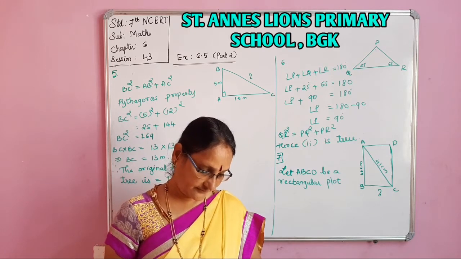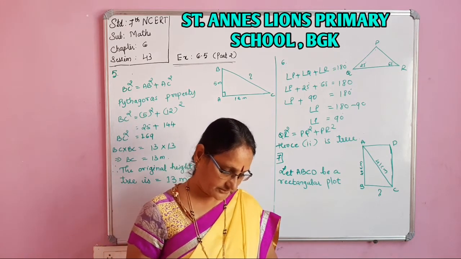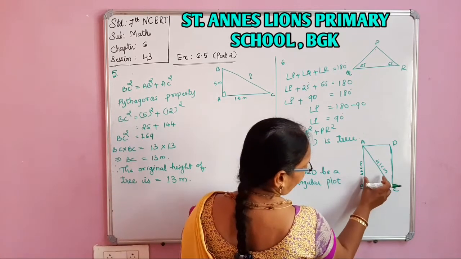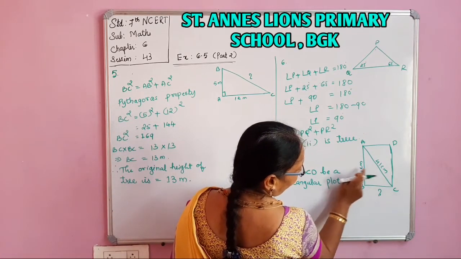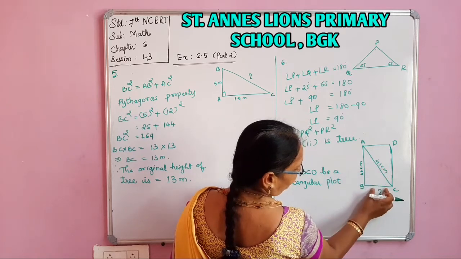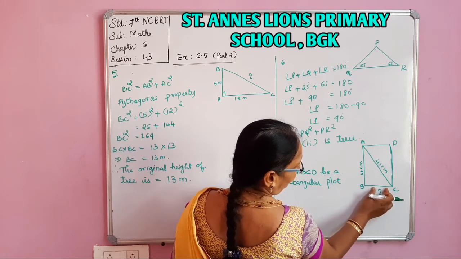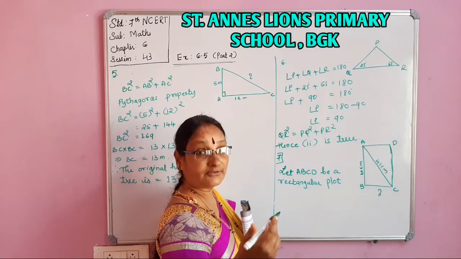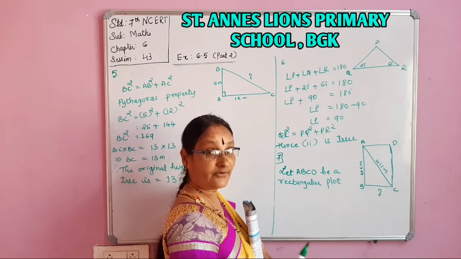First we have to find out the breadth. According to the Pythagoras property, one side is given and the hypotenuse is given, so we can find this out. If we get this, automatically with the help of the formula for the perimeter of the rectangle, we can find out the perimeter.